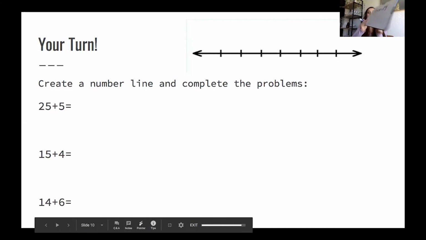So hopefully you guys got that while using your number line along the way. And as for 14 plus 6, the answer is 20. So my hope is that you guys got the answers to those problems by using your number line.